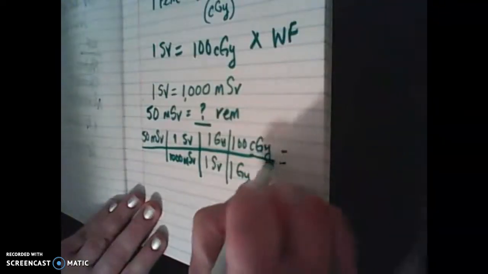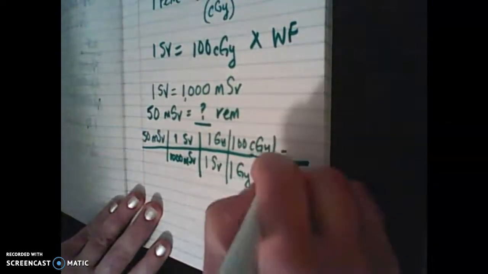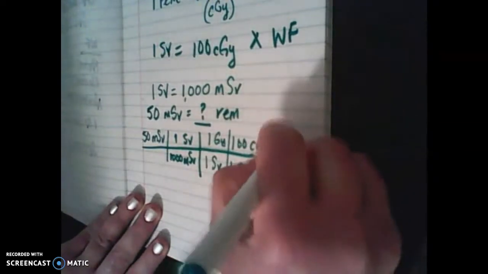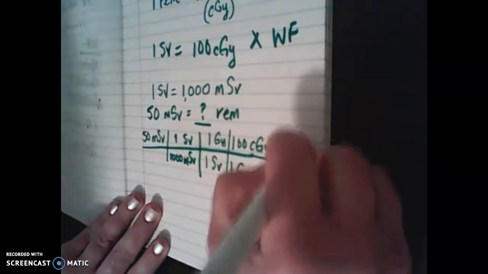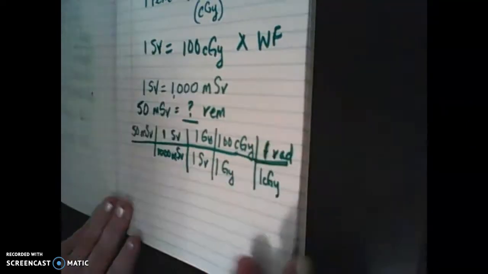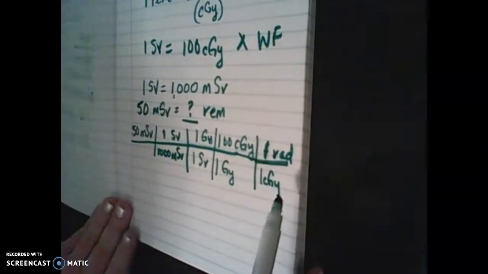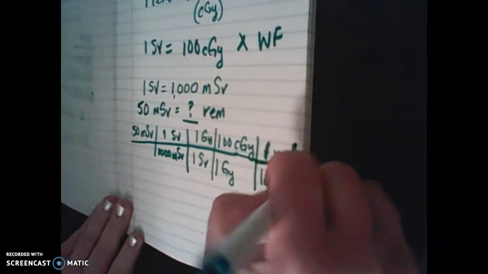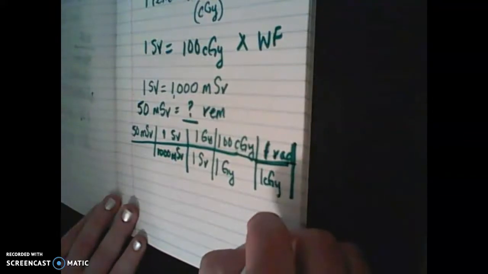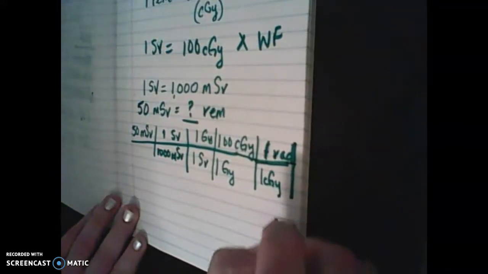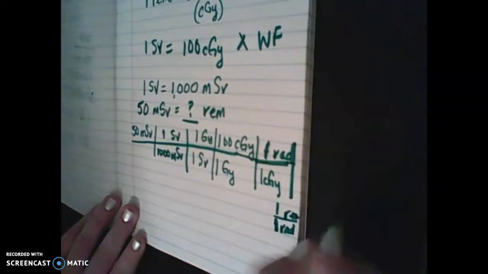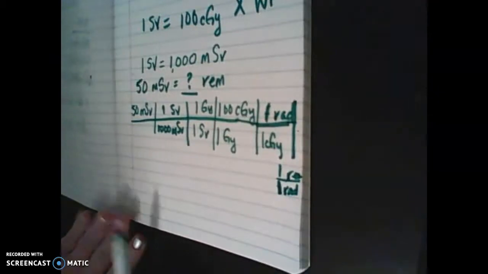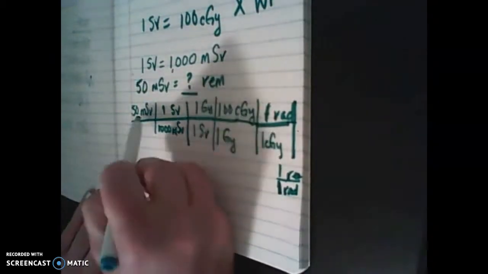And then we go a little bit farther here and we have 1 centigray is 1 rad. I ran out of room here, but 1 rad is 1 rem. So just imagine this is on the end of my equation here.